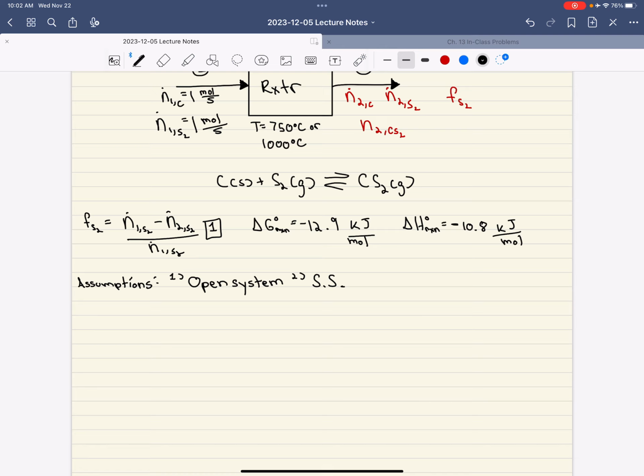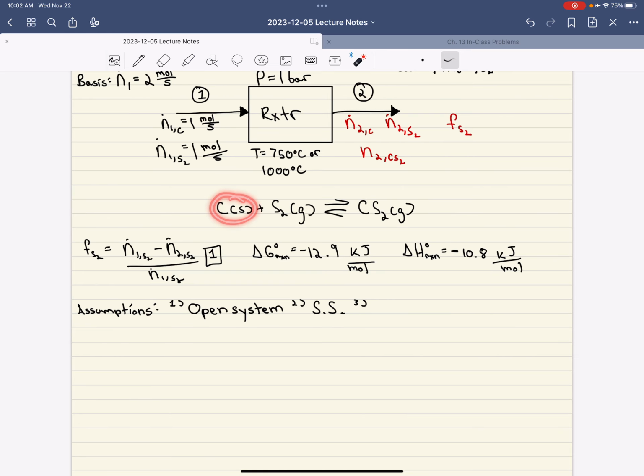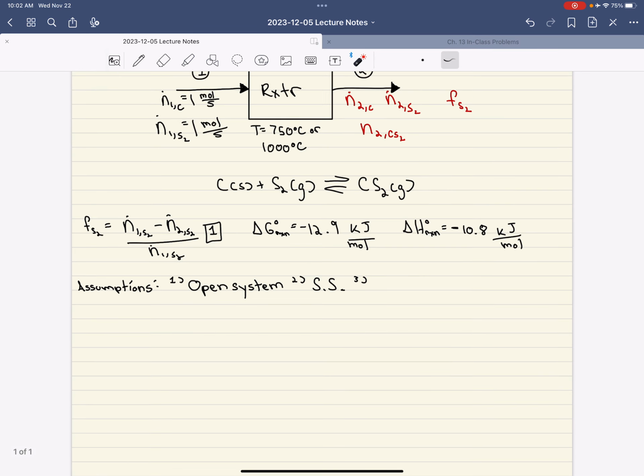When it comes to other assumptions, we are dealing with a heterogeneous reaction. The carbon's in the solid phase, while the sulfur and the CS2 are going to be in the gas phase.